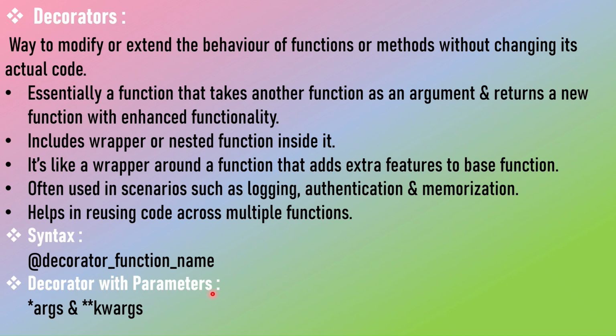Let's say we want to pass some parameters to the wrapper function inside the decorator function, then we can pass those parameters in the form of positional and keyword arguments, like *args and **kwargs. So a decorator with parameters is simply a decorator that accepts any number of parameters or arguments. So this is about decorators and their definition along with the parameters.